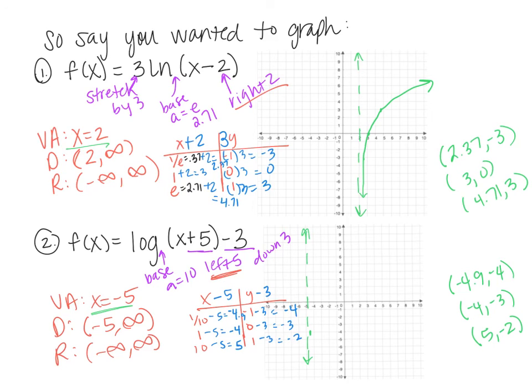Then (-4, -3), and (5, -2). I'm going to approach the asymptote, and then I'm going to go off to infinity. So now we know how to graph a logarithmic function, also a natural logarithmic function, and their transformations.